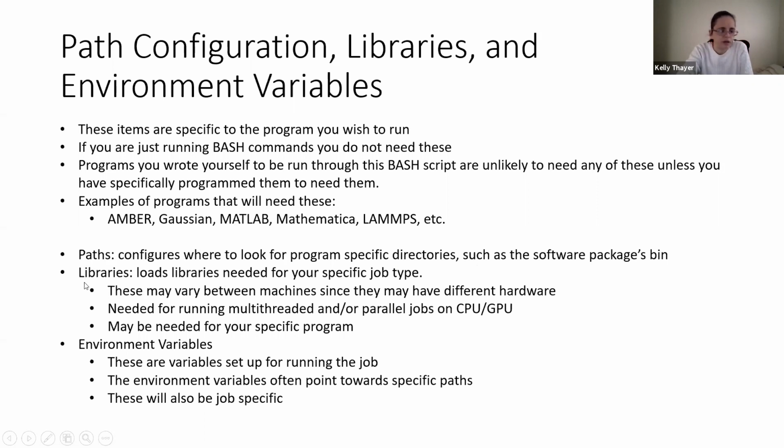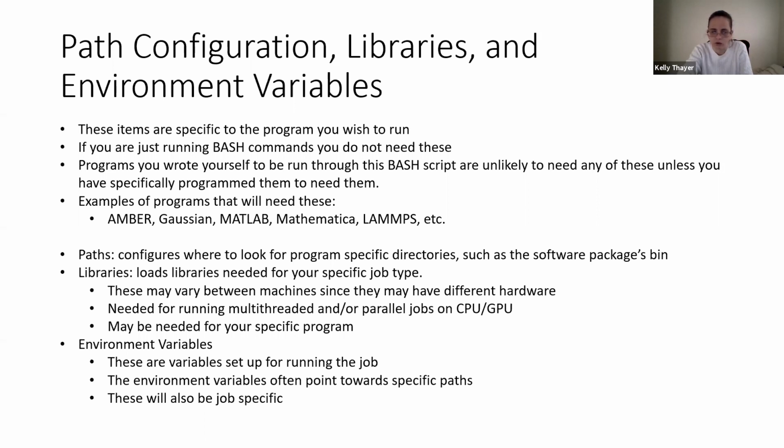Libraries are going to provide additional functionality, and so you may have some library dependency of your code if you're using any libraries. These could be different between the machines. There are some libraries that may pertain to, for example, MPI runs. If you're running parallel code, you may need some specific libraries. For example, if I'm using Amber 16 versus Amber 18, I would use different libraries.